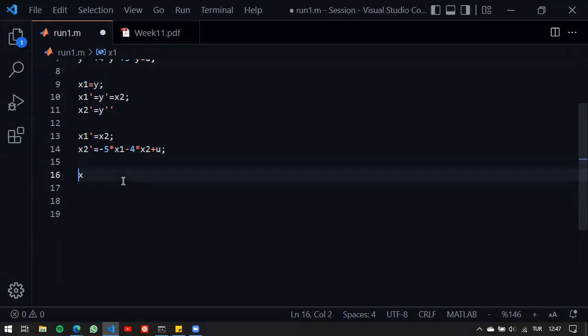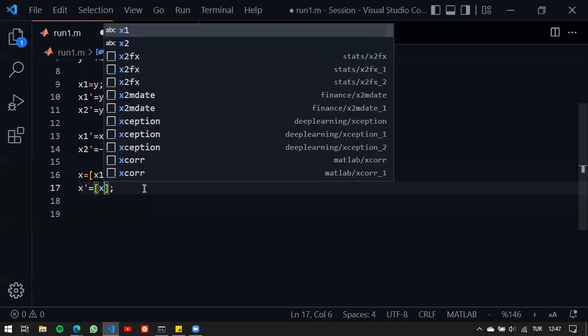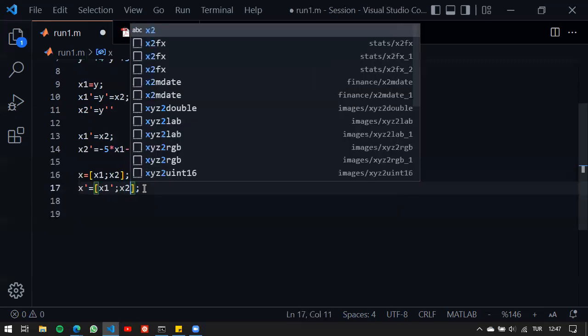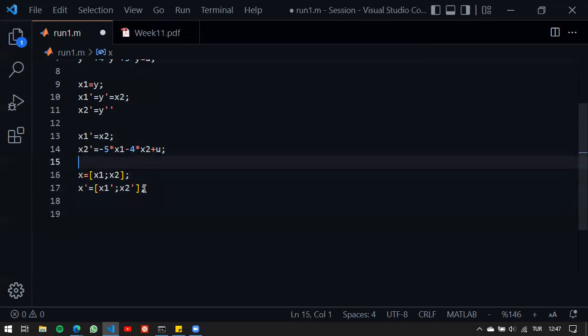In order to put this in a matrix form, I'm going to define a vector here, x1 and x2. So this is a column vector. And therefore, if I'm looking at x dot, it would be the individual derivatives here. So that's also out of the way. Now we have x1 dot.